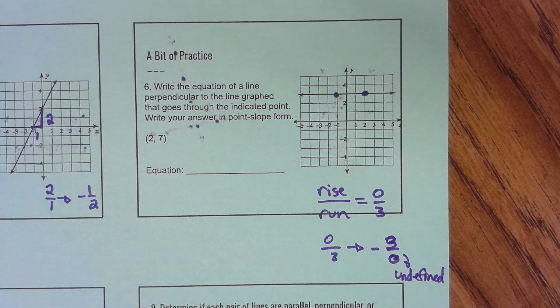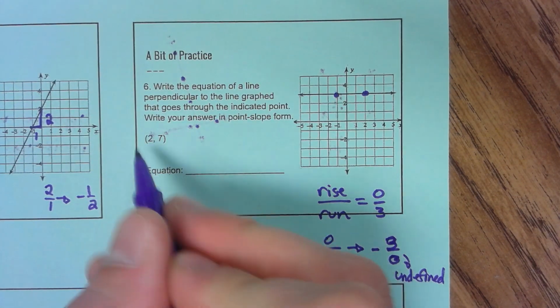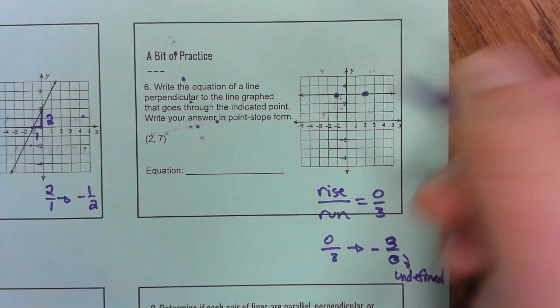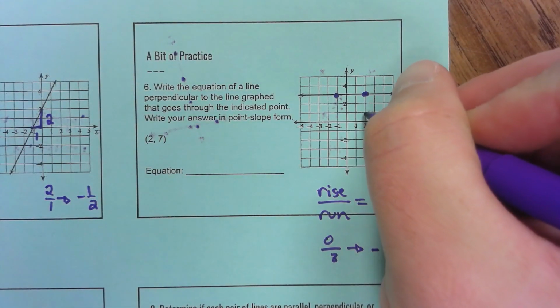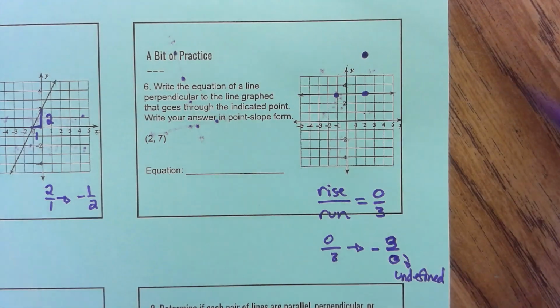So a lot of students get here and they're like, I want to include the point. I'm not sure how to represent undefined slope. So what I would suggest is let's just graph the perpendicular slope and see if that helps. Well, I know that my perpendicular equation needs to pass through (2, 7). So I'm going to plot that point, 2, and then 1, 2, 3, 4, 5, 6, 7. Takes me off the graph a little bit.